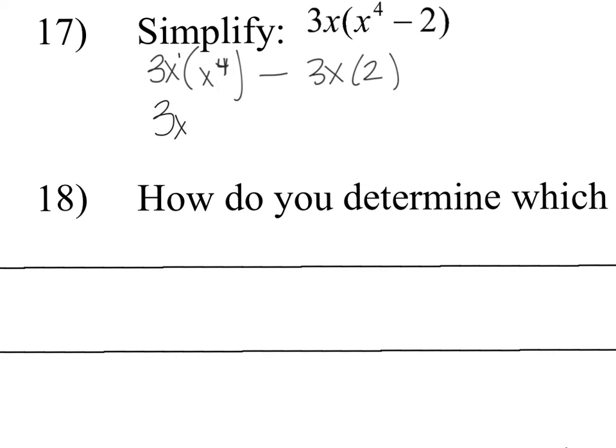Well, this would be x to the power of 1 plus 4, minus 3x times 2 is 6x. Okay, and then if you simplified that all the way down, that would be 3x to the power of 5 minus 6x.